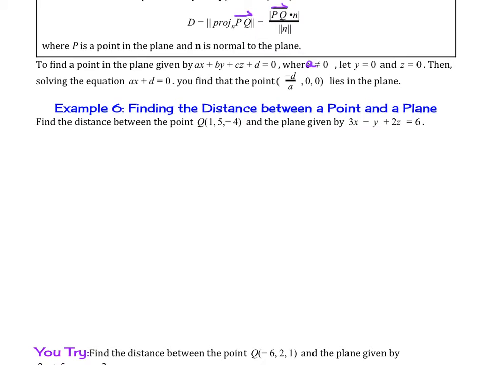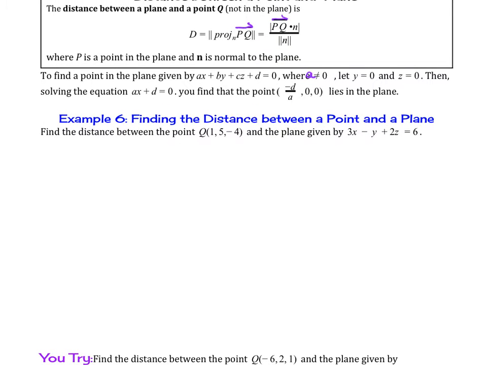Find the distance between the point Q and the plane given by 3x minus y plus 2z equals 6. We're going to let y equal 0 and z equal 0, making these terms 0.